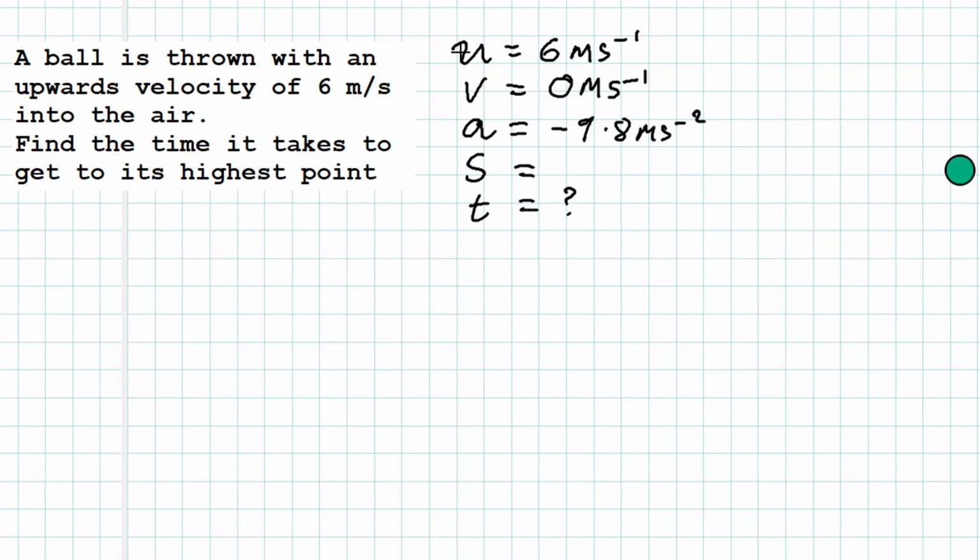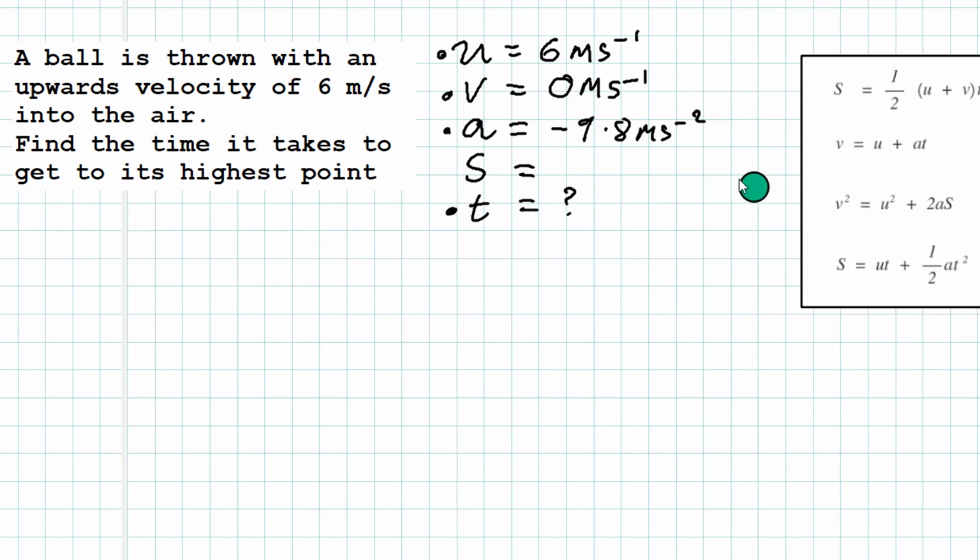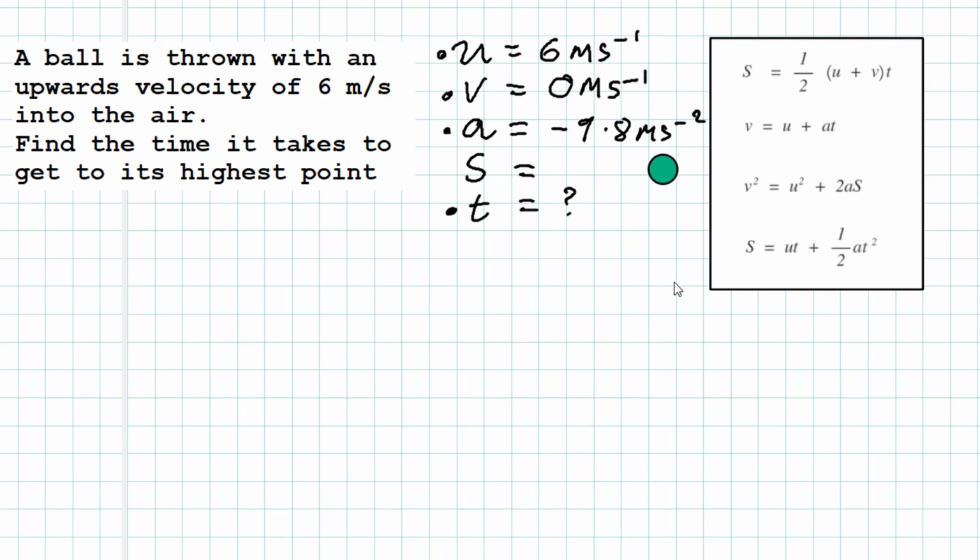So we're looking for an equation with U, with V, with A, and with T. So let's go and look at our equation list as usual. So something with U, V, A, and T, and it looks like it's going to be a simpler one here. V equals U plus AT. But you can see we're after the time, and the time is not on the correct side.